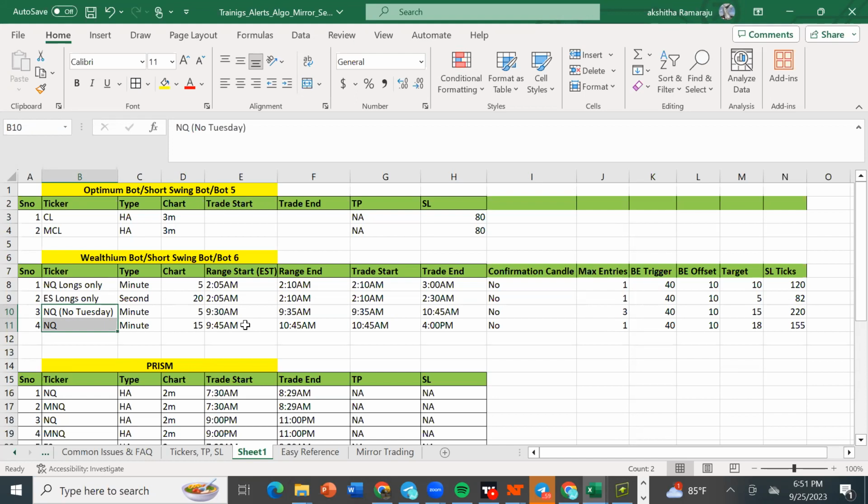It is not working, but you can test it on SIM for 1 or 2 days. Today I was able to take some trades. Srini got some trades. I don't know if any other users used it or not, but we were able to enter the trades using Prism V6.